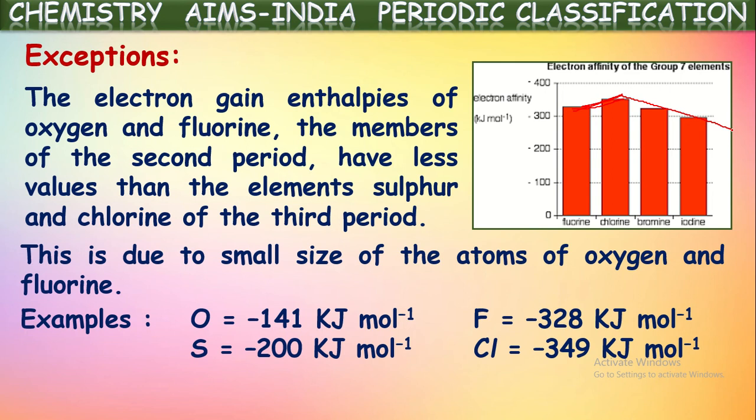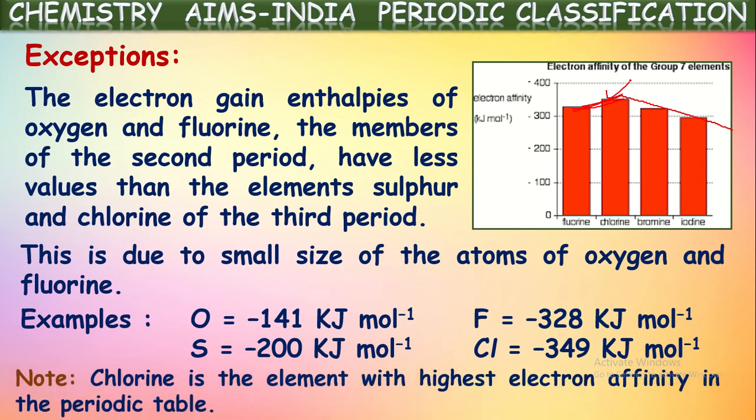Here negative symbols represent the evolution of energy, an exothermic process. And if you see the quantities, oxygen has less than that of sulfur, fluorine has less electron affinity than that of chlorine. So in each period, halogen is having the greater electron affinity, we told. Among these halogens, chlorine is having the greater electron affinity. So we can say chlorine is the element with the highest electron affinity among the periodic table elements.